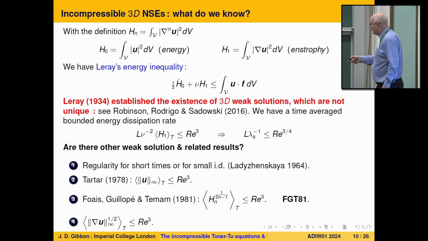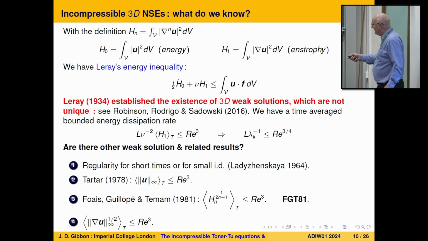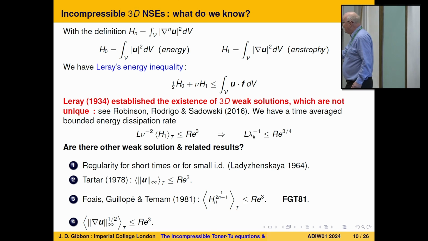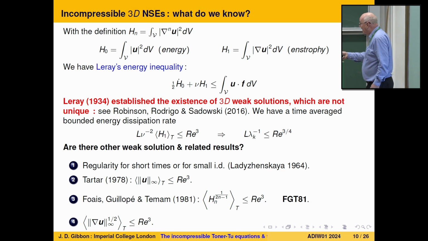And then Ciprian Foias, the great analyst, Colette Guillopé and Temam proved now there's an infinite hierarchy of these H's with an exponent that is decreasing, 1/(2n minus 1), and those averages are all bounded as well. So when n is 1, you're picking up this, but then there's this hierarchy up to infinity as well. And then there are actually other results like that.